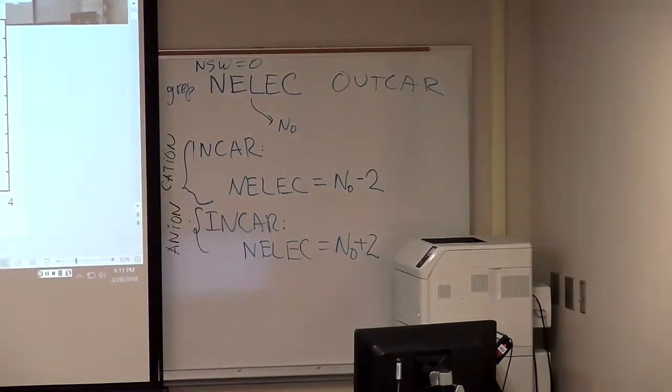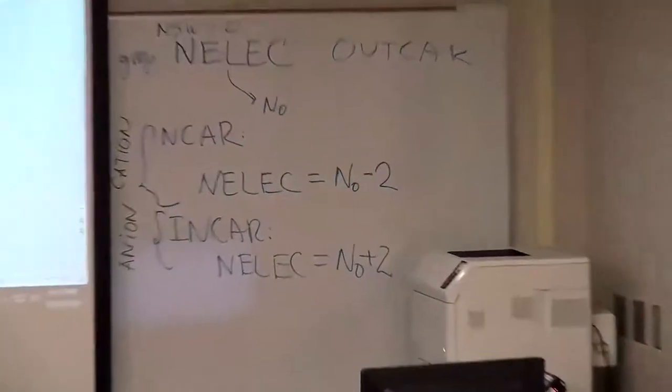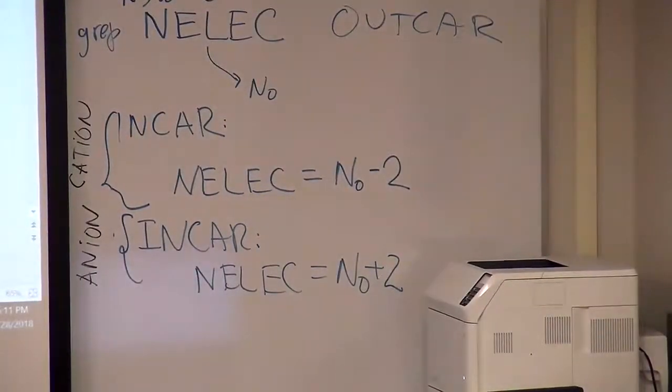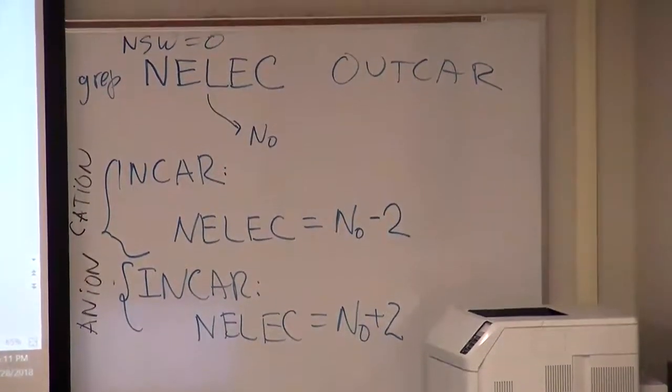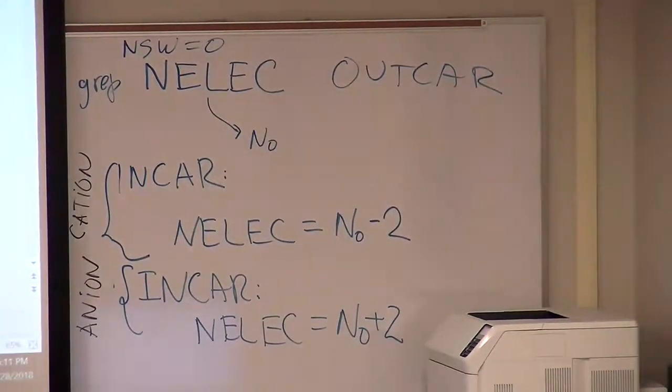Which one did you screw up? Oh, because states actually needs to be in a very specific format for this to work. Can you come show me how to modify the states file again? Sure. So this is what I did: I just took those lines from OUTCAR and dumped them into states.